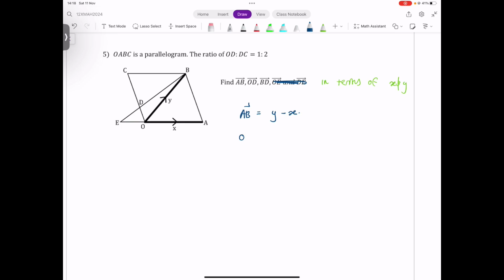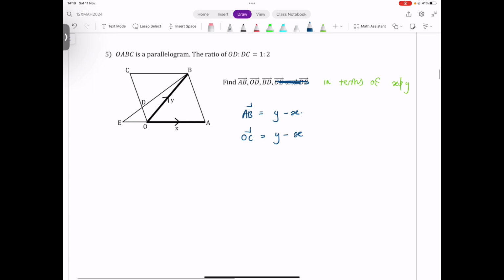And OC is also y minus x, and that's because it's a parallelogram. So AB going up here is going to be the same as OC going across there, so it's y minus x. Now we're told the ratio of OD to DC is 1 to 2. So what that's telling us is OD, and then we've got DC here, the ratio is 1 to 2. In other words, 2 times OD is equal to DC.